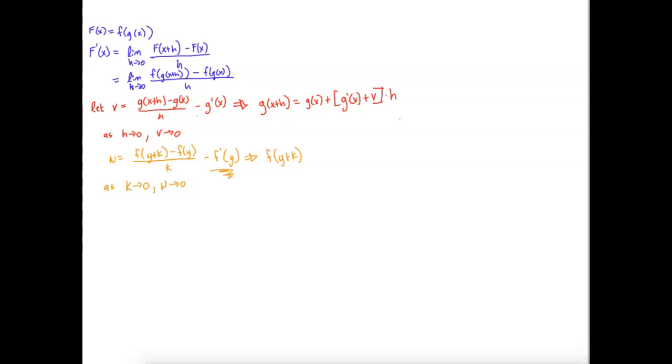Then I'm going to multiply by k. Then I'm going to add f of y. And that's going to give me this: f of y plus the quantity f prime of y plus w times k. All right.